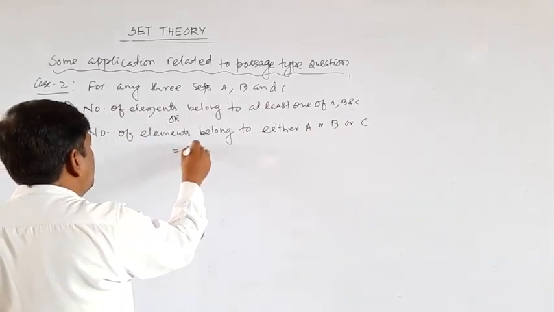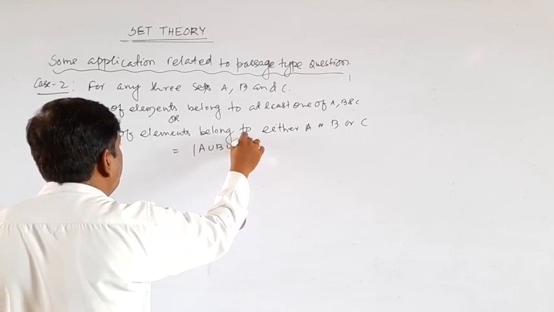This is equal to the cardinality of A union B union C.